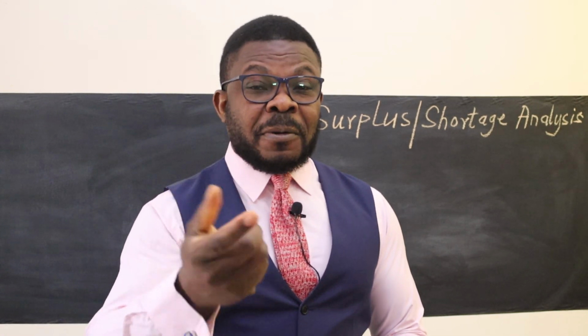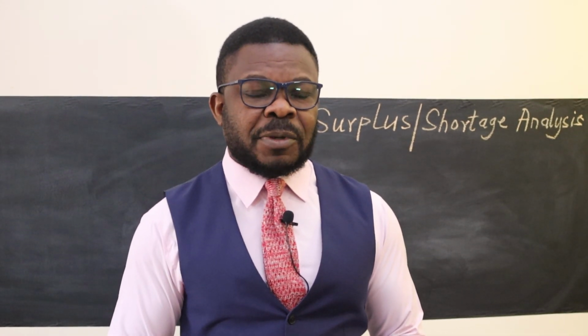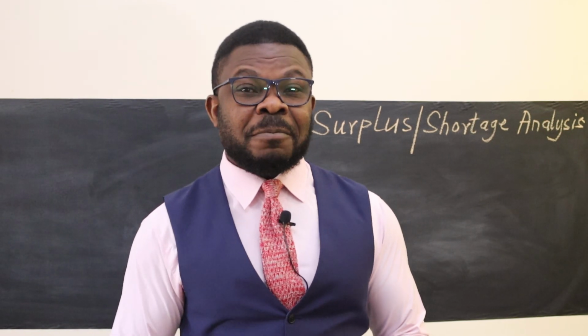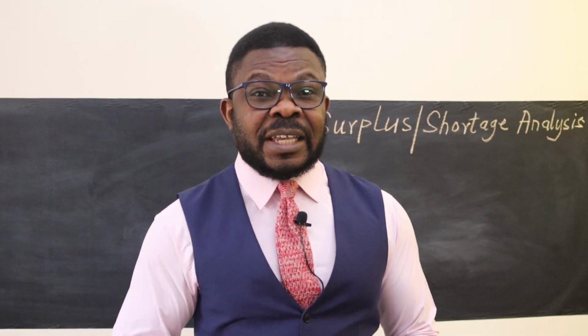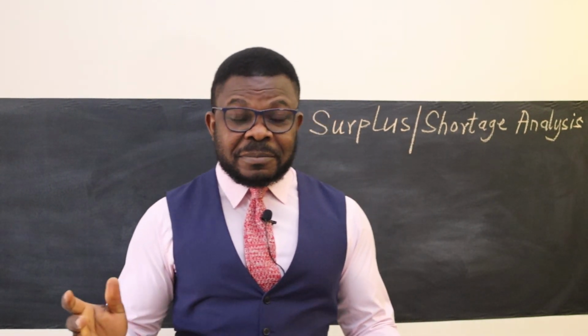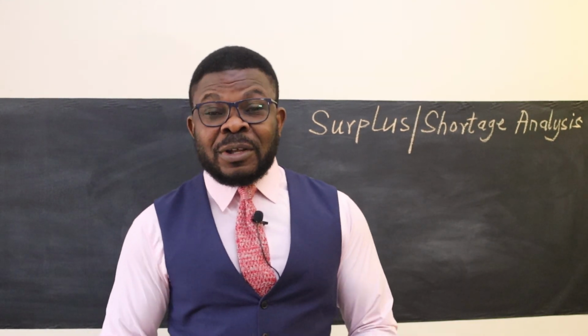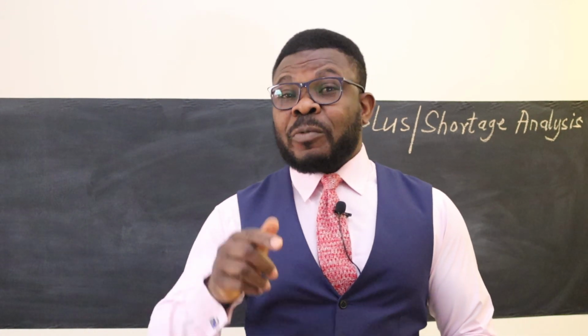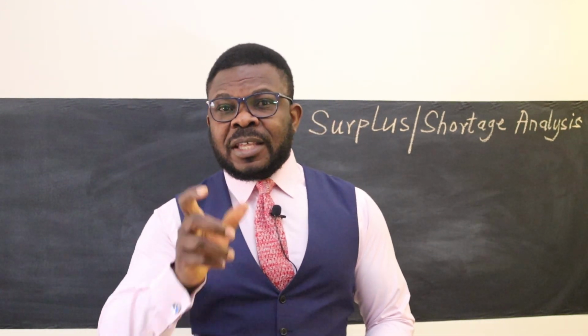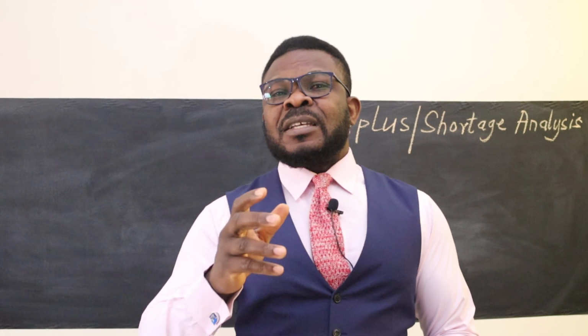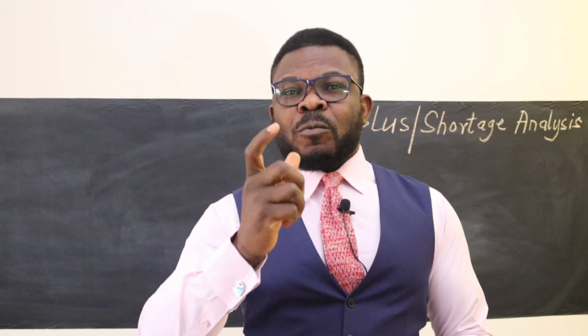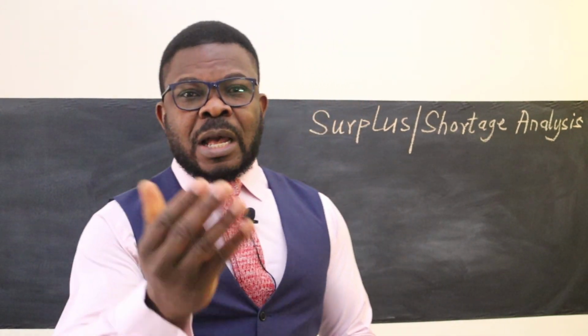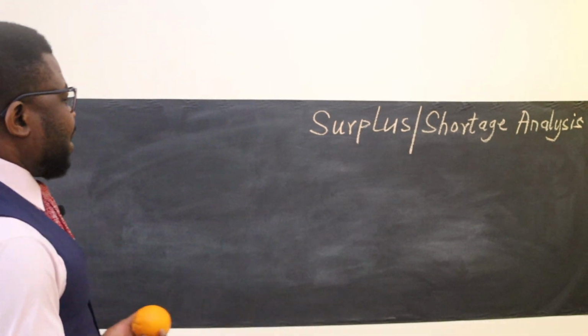Would you buy more if the price was above the equilibrium price, or would you cut down on the orange that you buy? What about the sellers? Will they sell more of the orange when the price goes down, or would they sell less when the price of orange goes down? These two effects can affect the market in two different ways, and that's what we need to look at. So come with me and let's do the analysis.